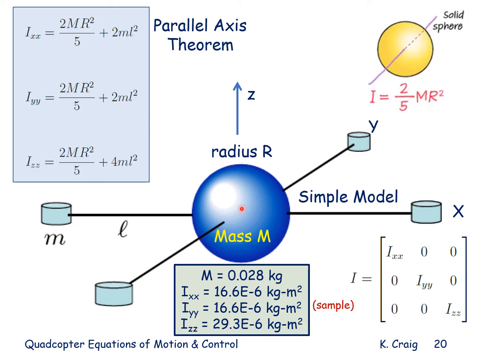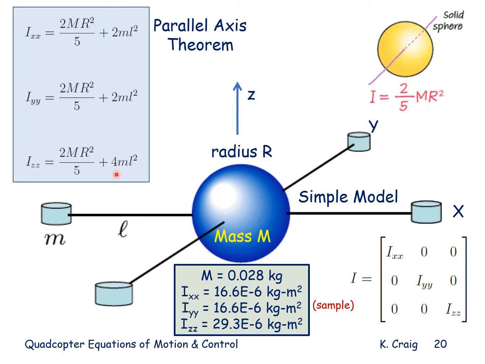Now the mass moment of inertia about the z-axis for the sphere is the same expression, 2/5 M R squared, but all four point masses contribute to the mass moment of inertia about the body fixed z-axis. And the contribution of each is m L squared.